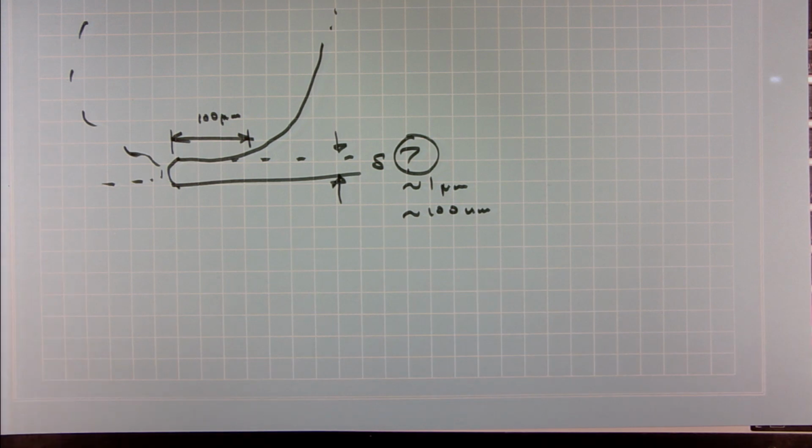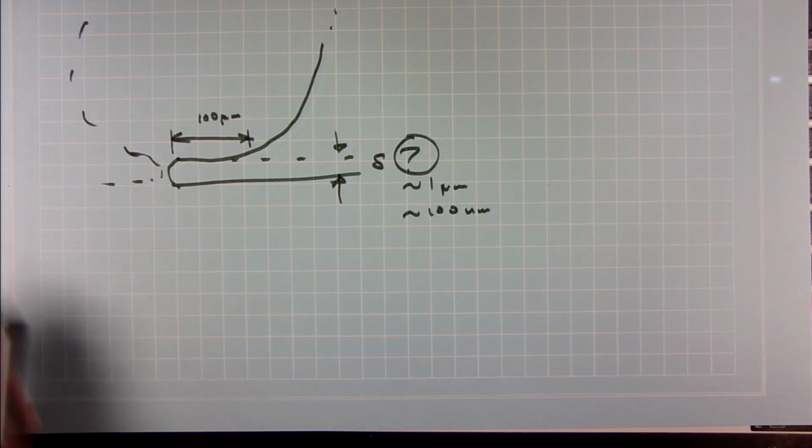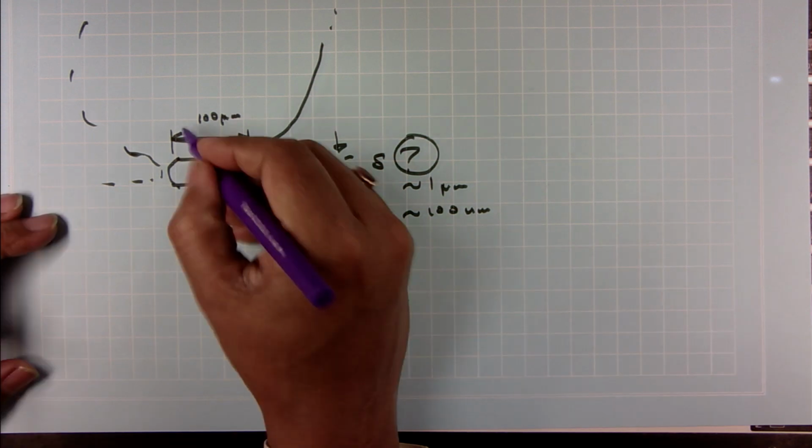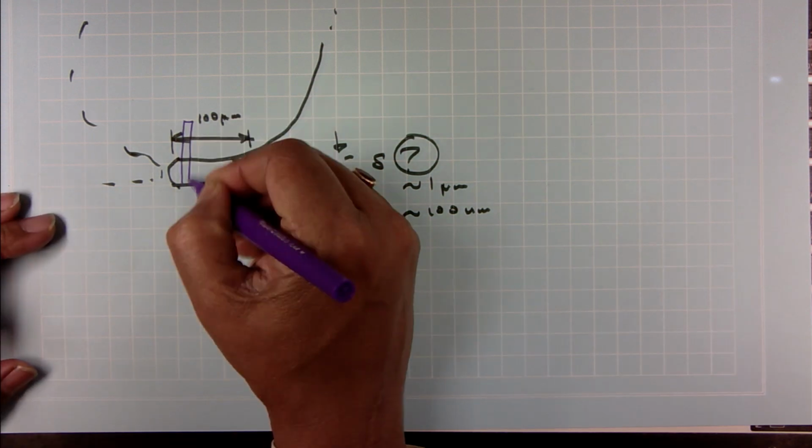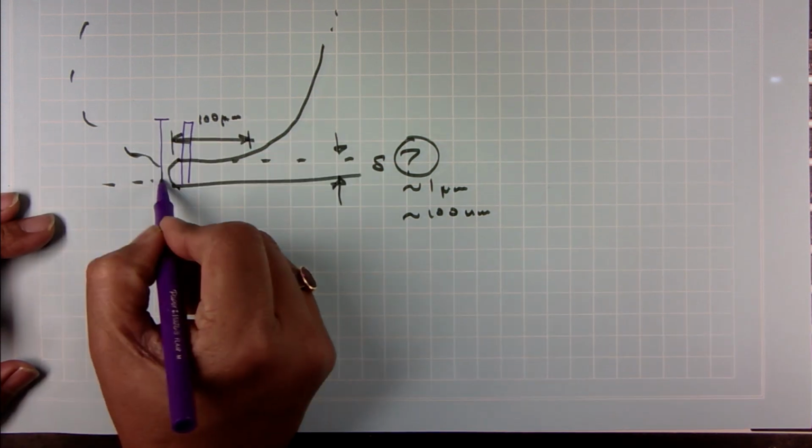So, what our results are showing is, let me take out the colored pens. What our results are showing is if I have a fin, I have one fin which is 100 nanometers high.